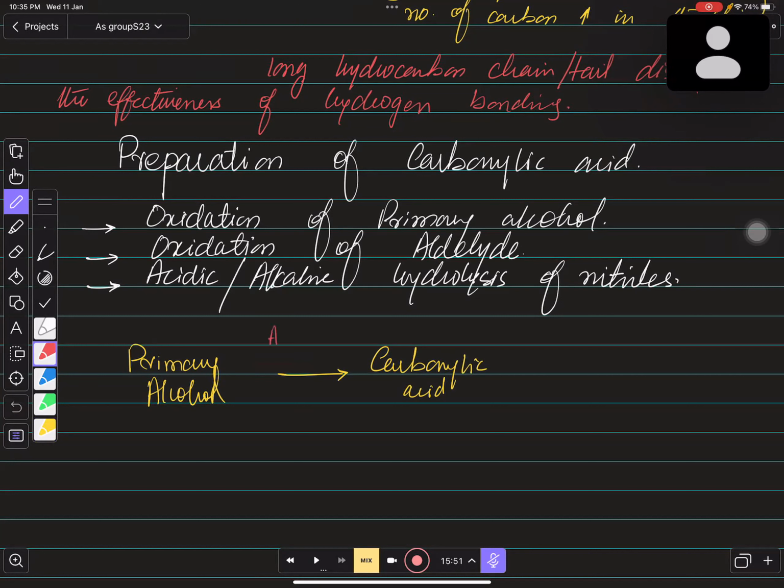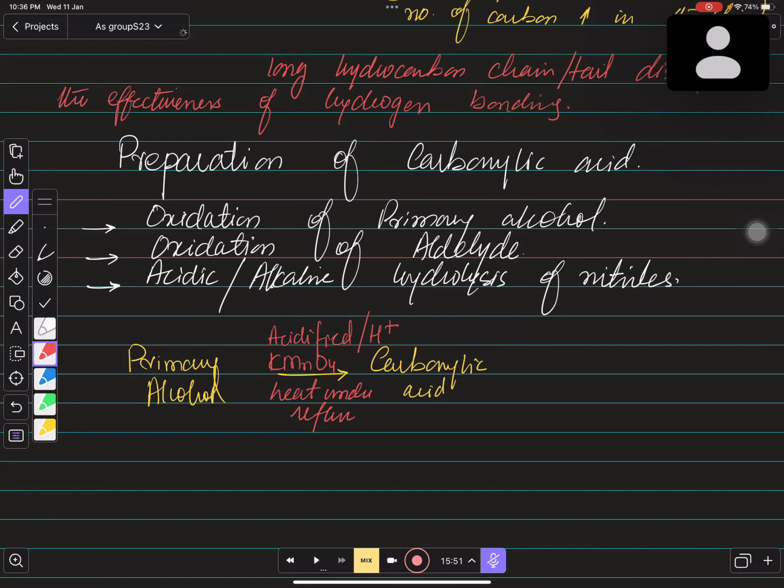So you can say acidified, or you can even use only H positive ion over here, KMnO4, which is a strong oxidizing agent. It would convert primary alcohol directly to carboxylic acid, but the condition is very important, and the condition is heat under reflux. If you want to stop this reaction at aldehyde, you need to heat and distill the product, but if you want to complete the reaction, you need to heat under reflux.